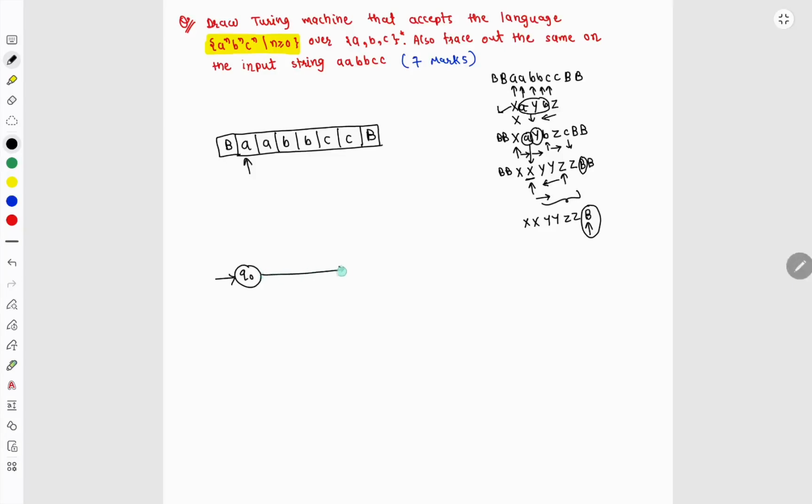If we give the q0 state a, we need to convert that a into X and move towards the right hand side. So here we need to write R, and the state will change to q1. Like this, a is converted into X and we move towards the right hand side. So now the read-write head will be at the small a, the second small a.